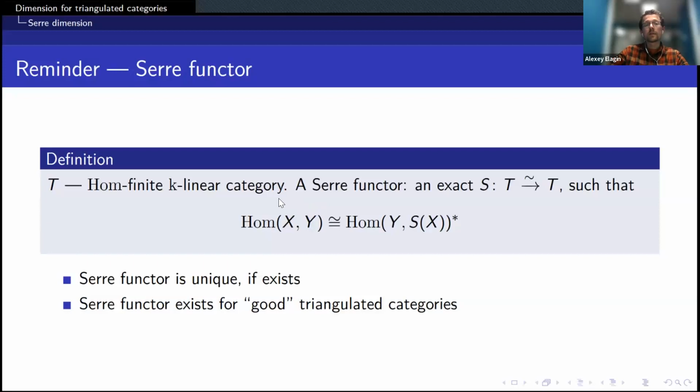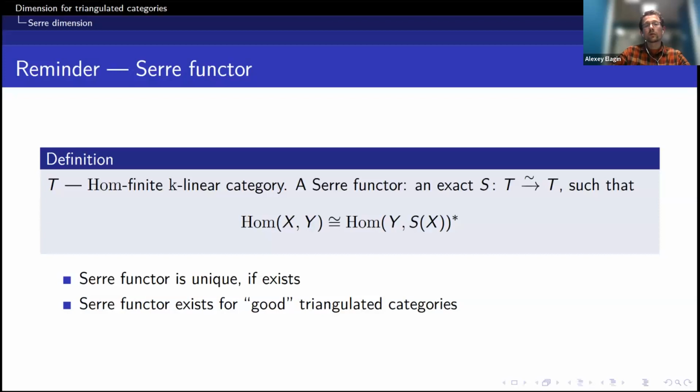So by the definition, if our category is Hom-finite over some field K, then a Serre functor is an autoequivalence S such that Hom from X to Y is isomorphic to the dual space to Hom from Y to S of X. This star stands for the dual vector space, and this isomorphism should be natural in X and Y. If such a functor exists, it is unique up to an isomorphism, so it's an invariant of the category in some sense, and it can be used for defining other invariants like Serre dimension.